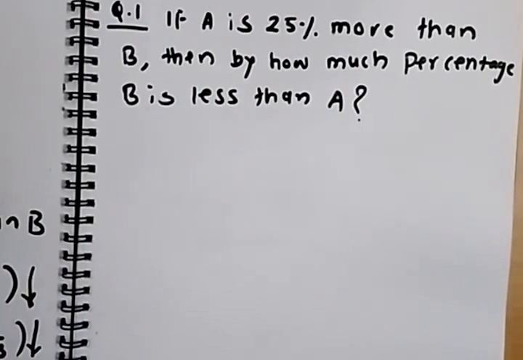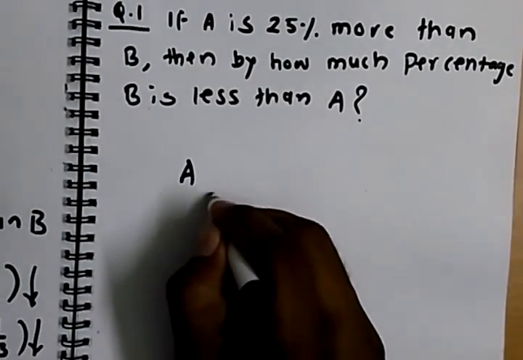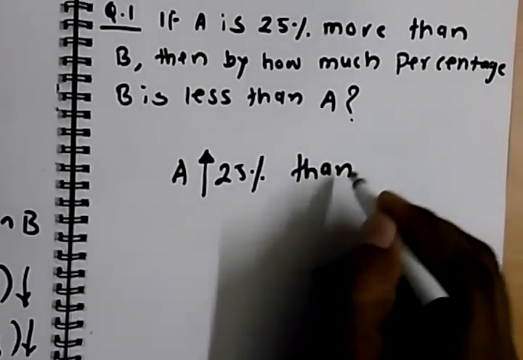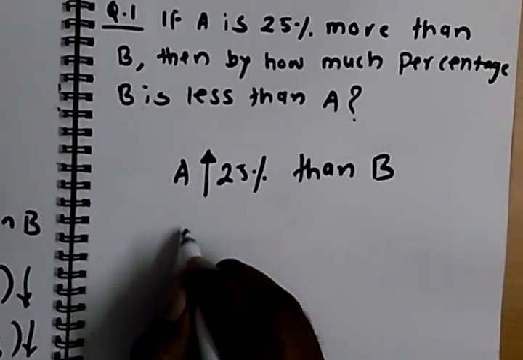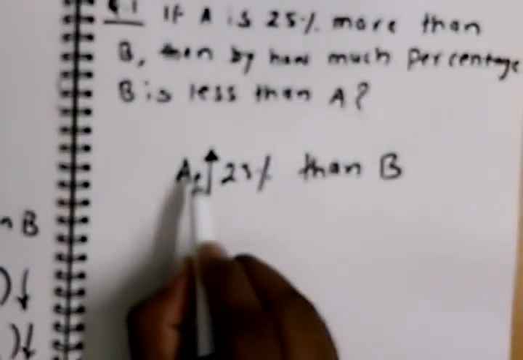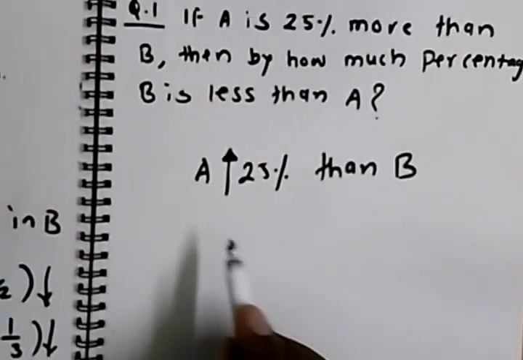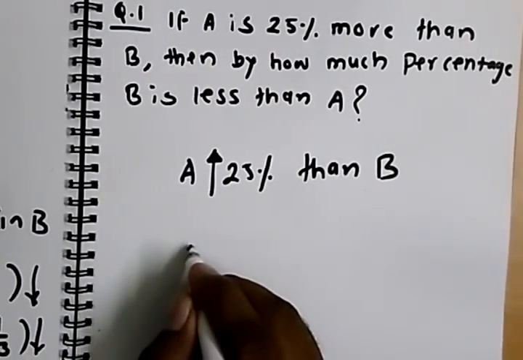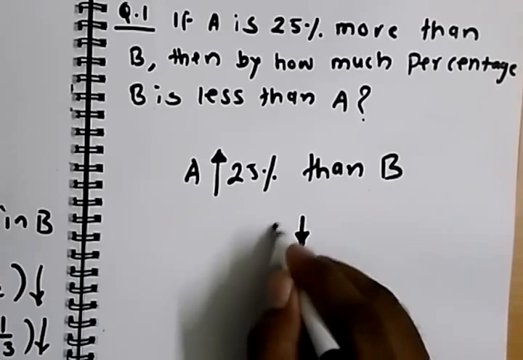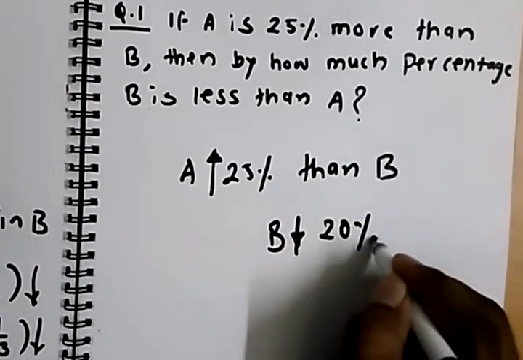Now A is 25% more than B. That means A is increasing by 25%, or A is increasing by 1/4. So B will have to decrease by 1/5. So if A is increasing by 25%, B will decrease by 20%.